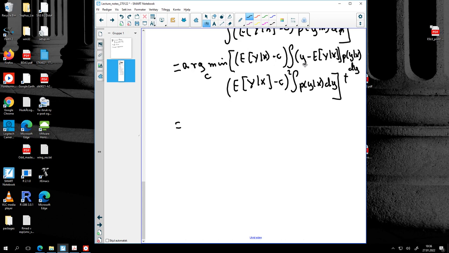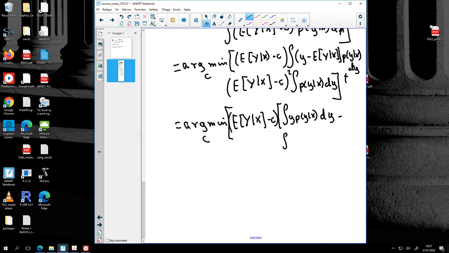So we have the expectation of y given x minus c, and then we have the integral of y p of y given x dy minus the integral of the expectation of y given x.